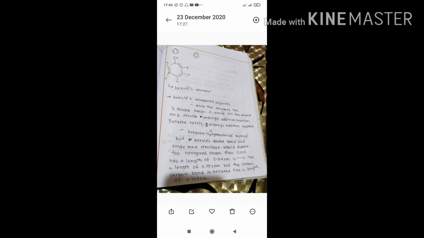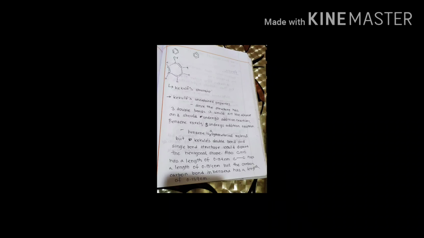Benzene is a symmetrical molecule, but Kekulé's double bond and single bond structure would distort the hexagonal shape. Also, the C=C double bond has a length of 0.134 nanometer and the C-C single bond has a length of 0.154 nanometer, but the carbon-carbon bond in benzene has a length of 0.139 nanometer.